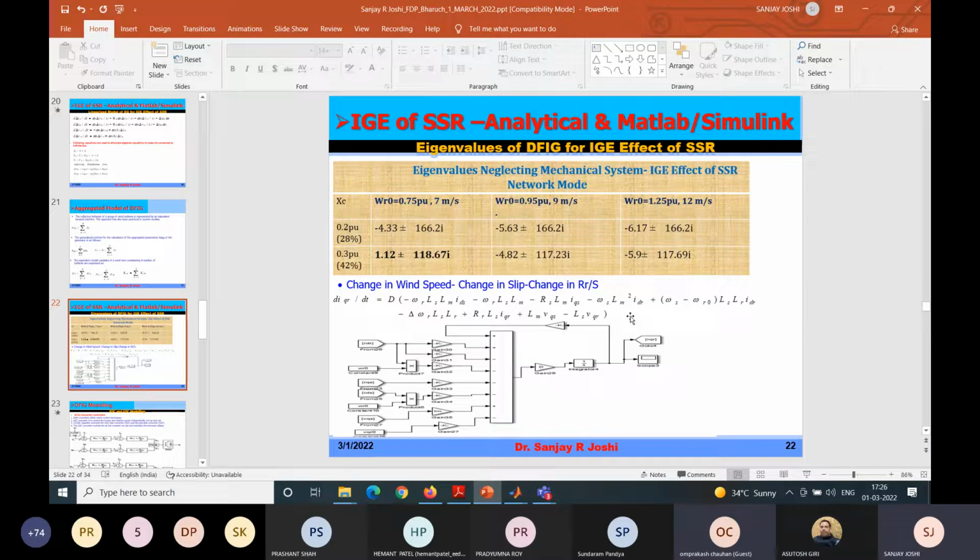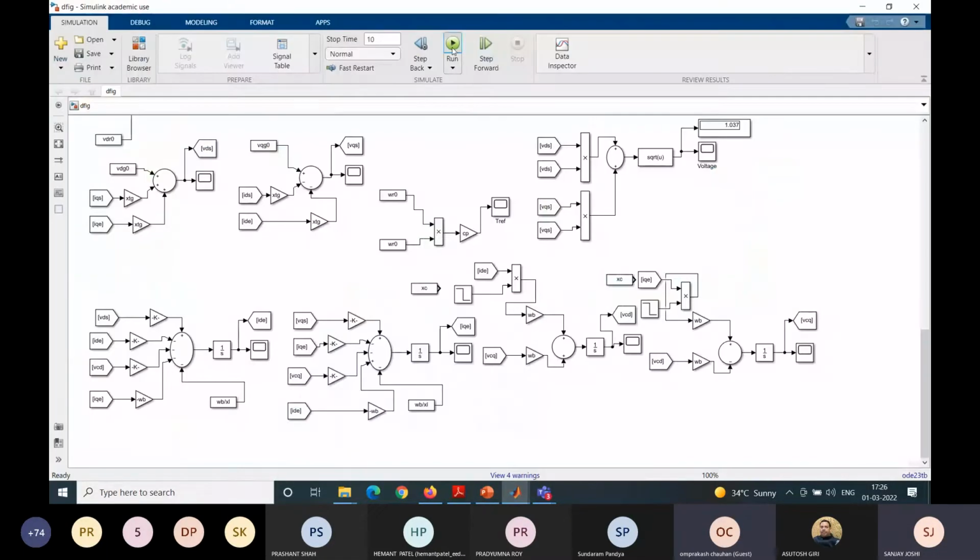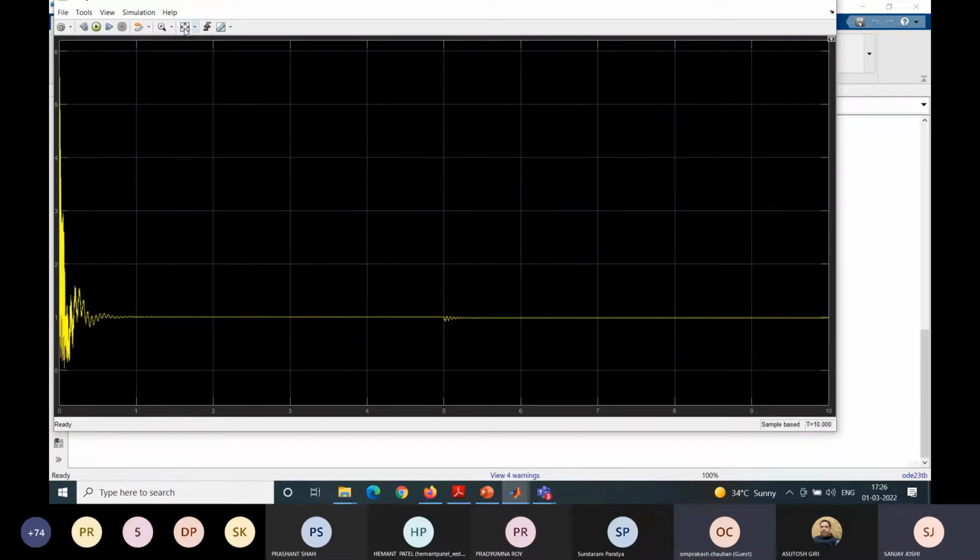So RS plus RE is now more than RR by S. That's the reason why our network mode has become stable. Let's see whether it is so in reality or not. It is stable, right?